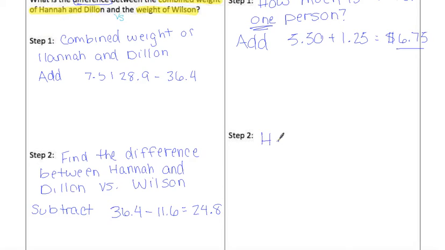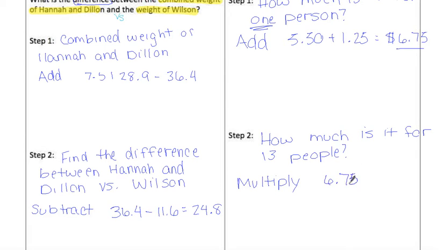So we're going to find how much it is for 13 people. And we said we're going to multiply. And we're going to take that $6.75 and we're going to do it 13 times.